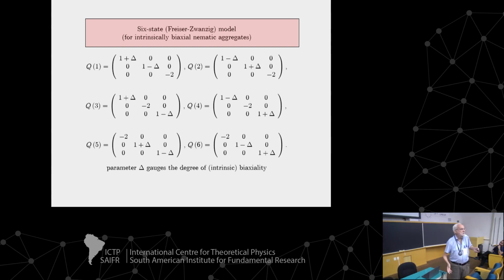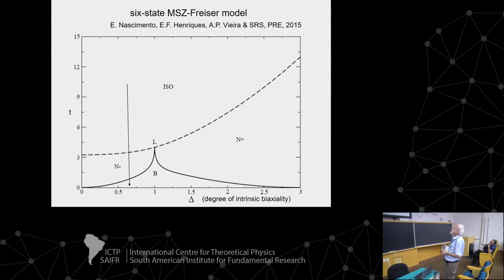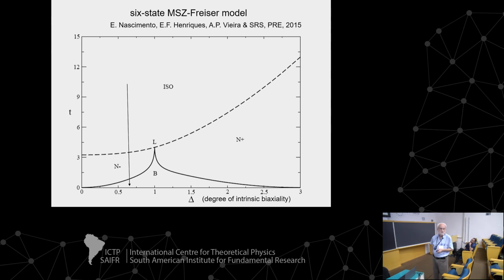It's just more complicated. Calculations are longer, etc. But we can do this. Okay, this is the six-state Freiser model. It's a paper that we did to show that this model, with this constant delta, does have a biaxial phase.